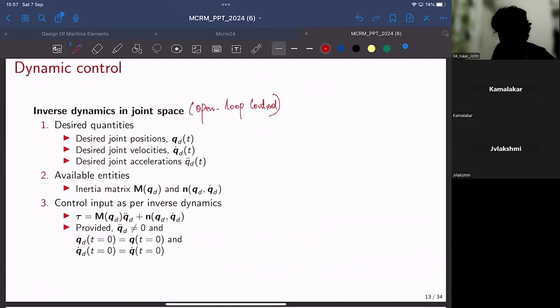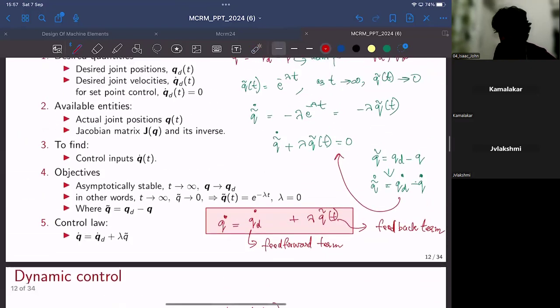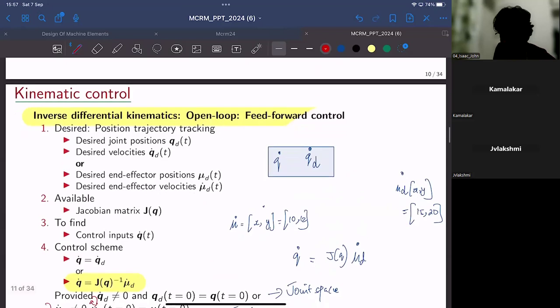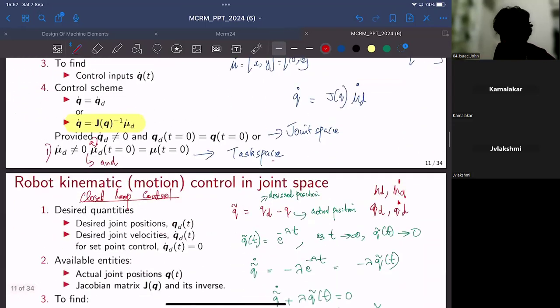I think I may have forgotten to mention this. In the two velocity schemes that we considered, the first is called the inverse differential kinematic scheme, that is an open loop scheme, or also called a feed forward scheme because there's no feedback term involved.